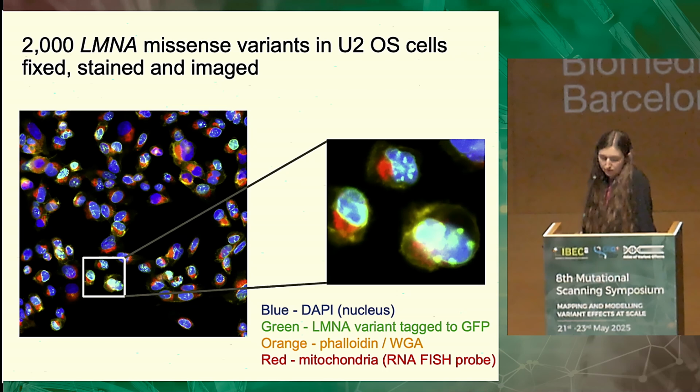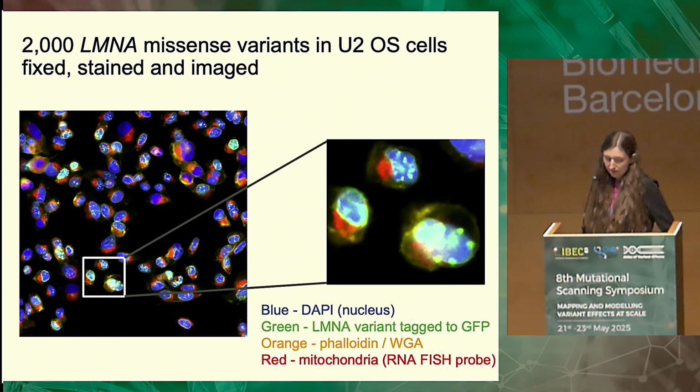Some of you may remember this project from a talk by a former lab member named Shriram, who presented at this meeting last year on our project looking at LMNA using this approach. We looked at 2,000 LMNA missense variants in U2OS cells that had LMNA knocked out.